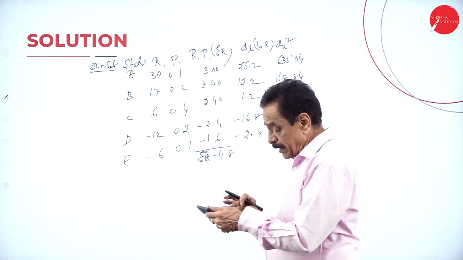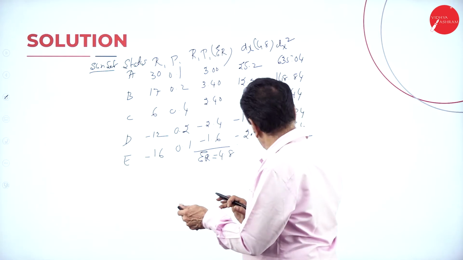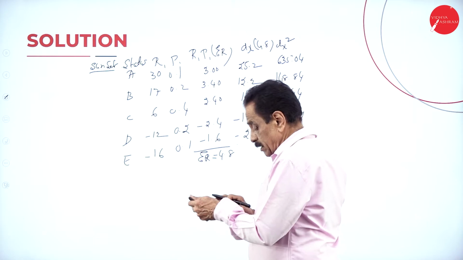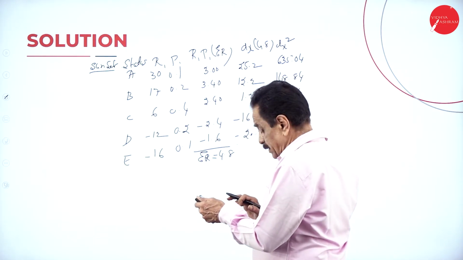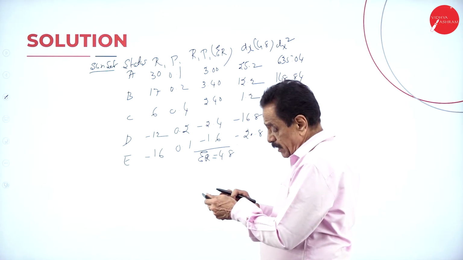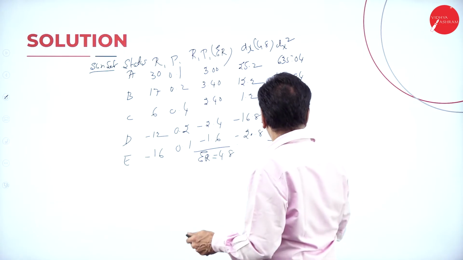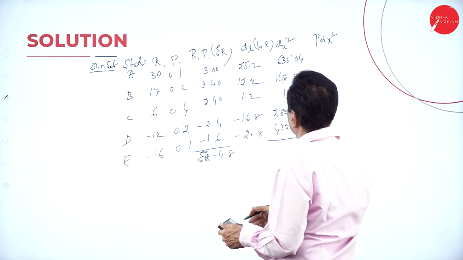Add: 282.24 plus 1.44 plus 148.84 plus the rest. This is p dx square. Multiply by probability.